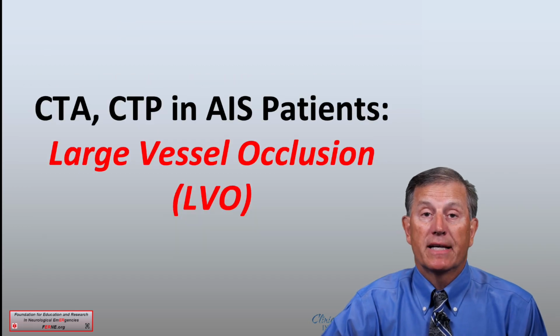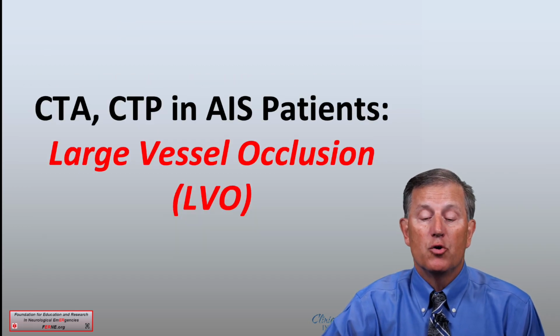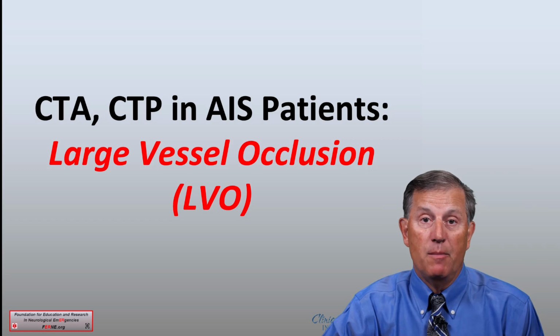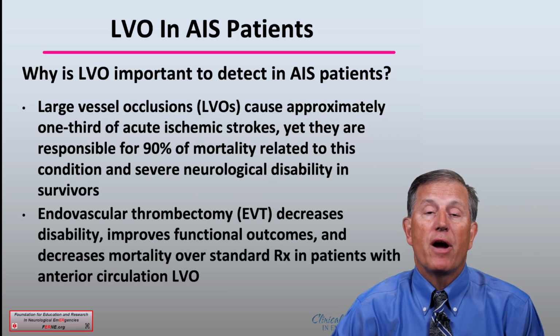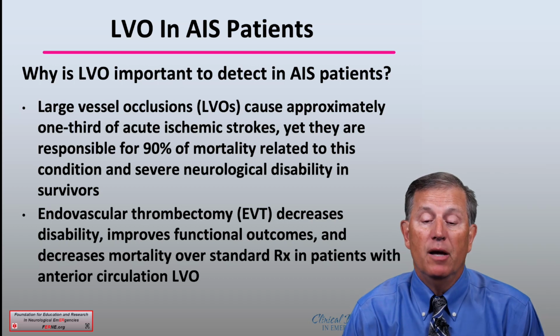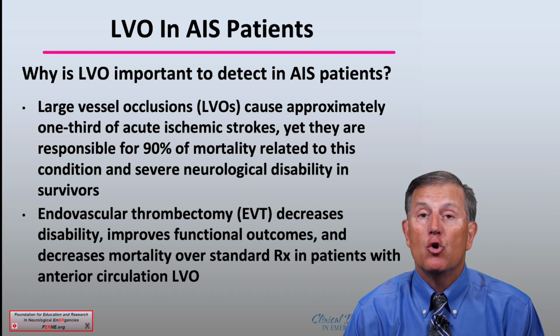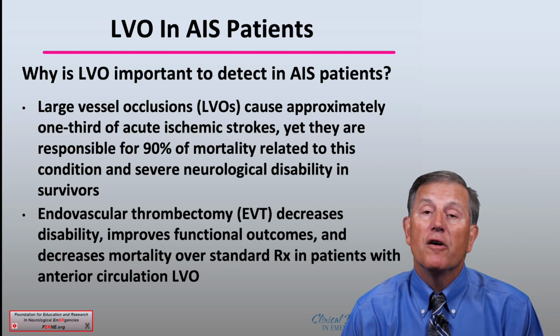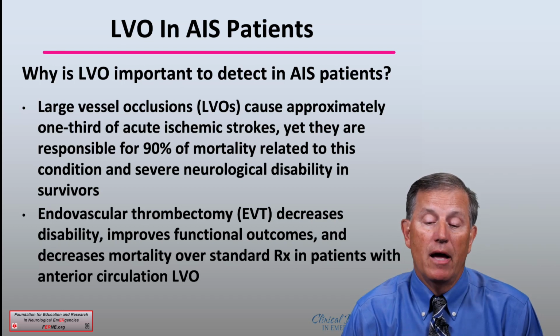It's now important to consider large vessel occlusion, or LVO, when considering CT multimodal testing in acute ischemic stroke patients. Why is the presence of a large vessel occlusion important to detect in acute ischemic stroke patients? Large vessel occlusions, LVOs, cause approximately 1/3 of acute ischemic strokes.